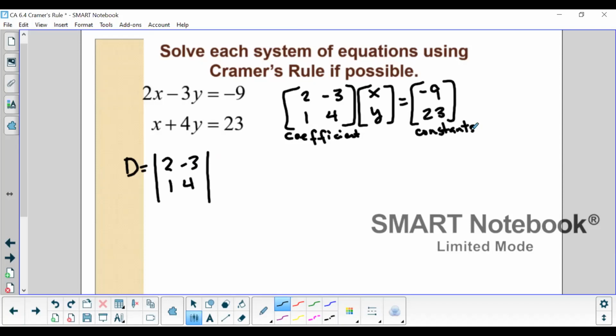And here's your review for how to find the determinant on a 2x2. It's your down diagonal minus the up diagonal. So the down diagonal is 2 times 4, also known as 8.